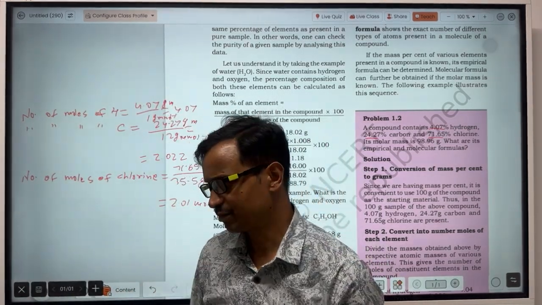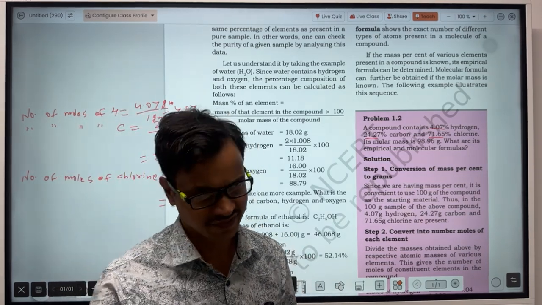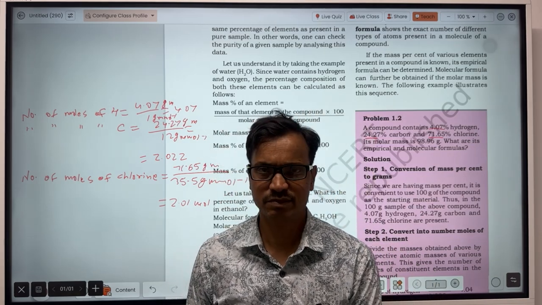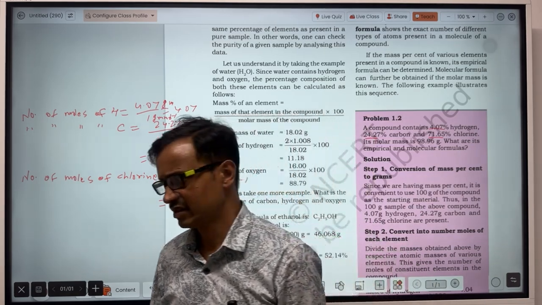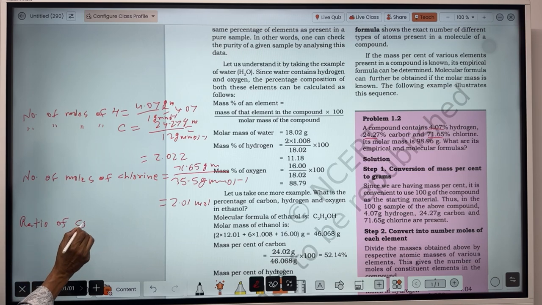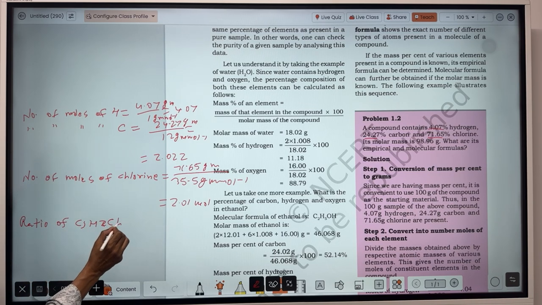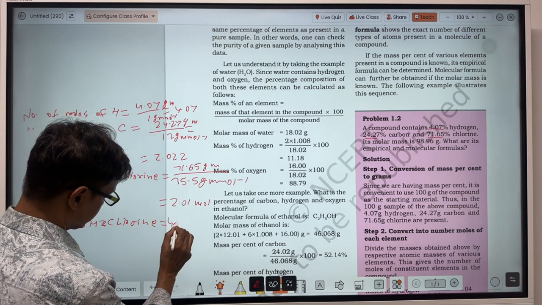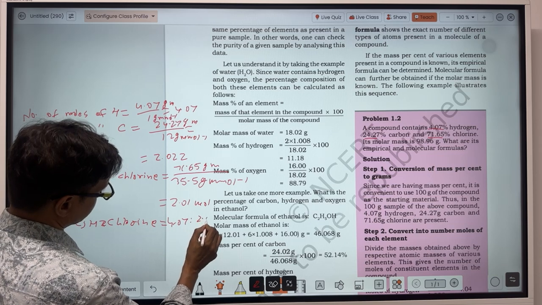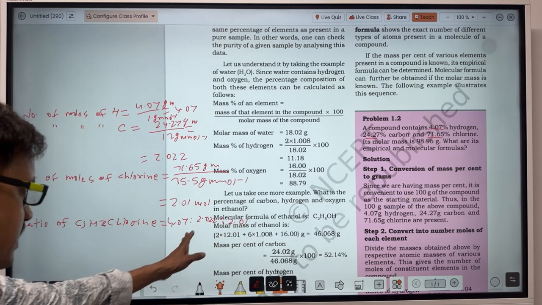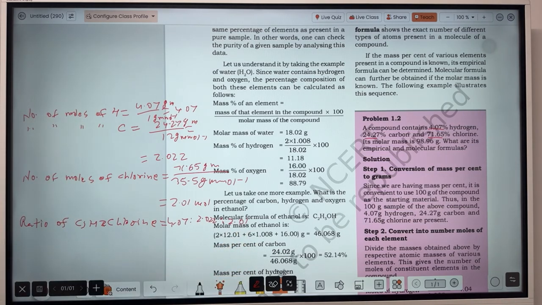To get the ratio, whichever number is the smallest, we divide all the numbers by that number. So here the smallest is merely about 2, so divide all of them by 2.